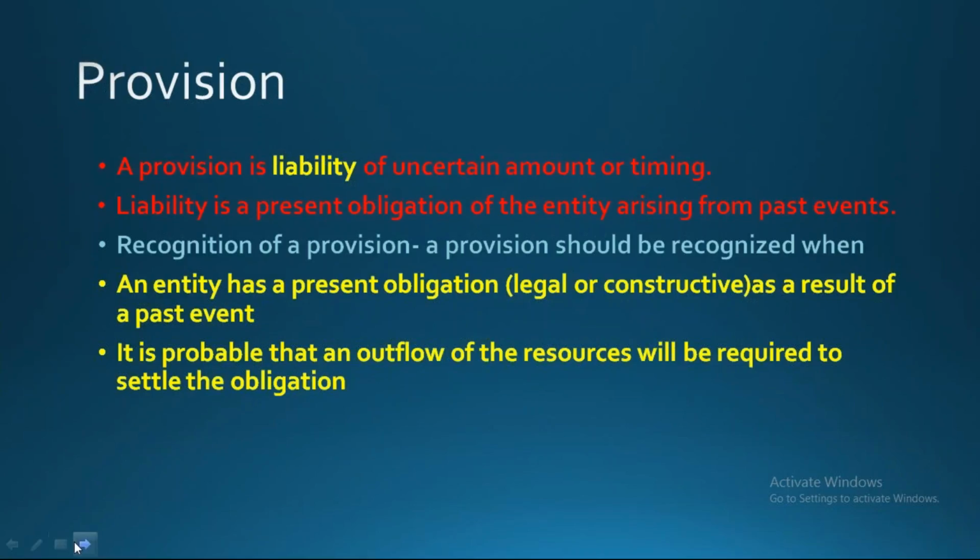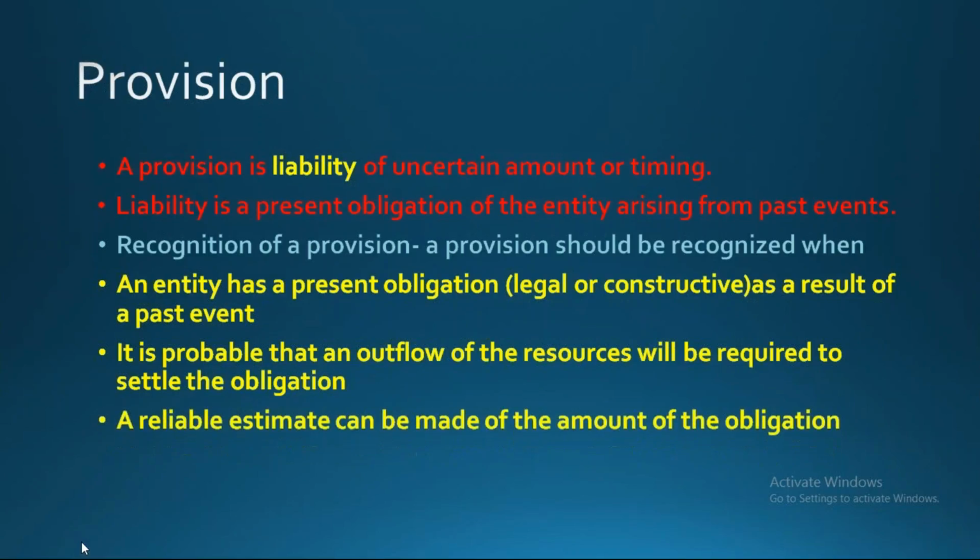The third one, a reliable estimate can be made of the amount of the obligation. Even though the amount is uncertain, a reliable estimate can be made. When I say reliable estimate, the lawyers might say the judge might order you to pay around 100,000.